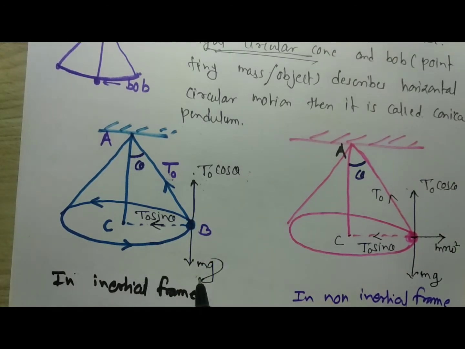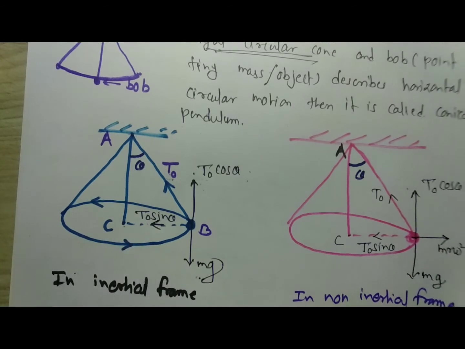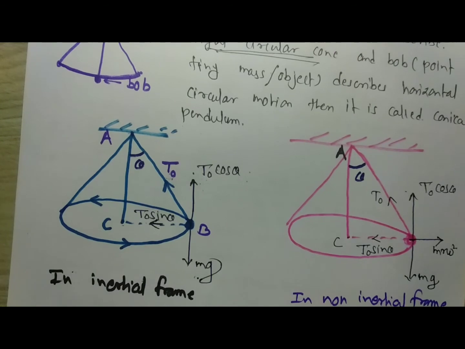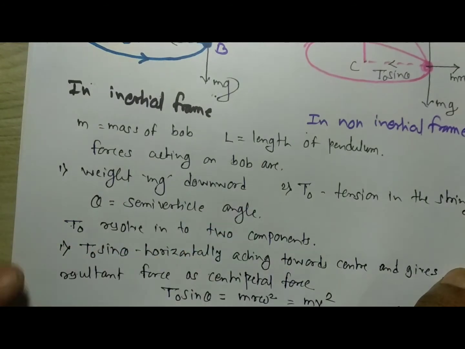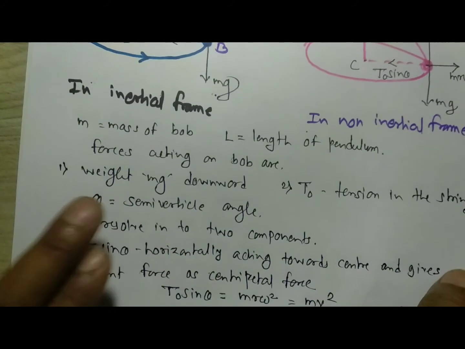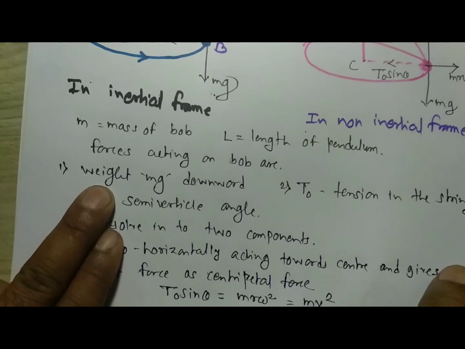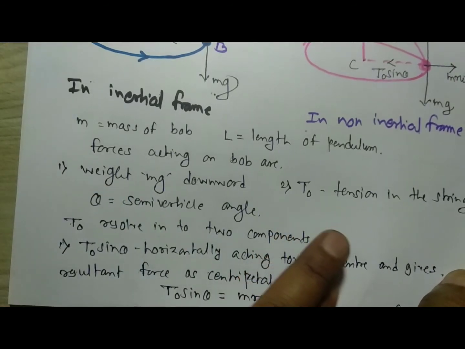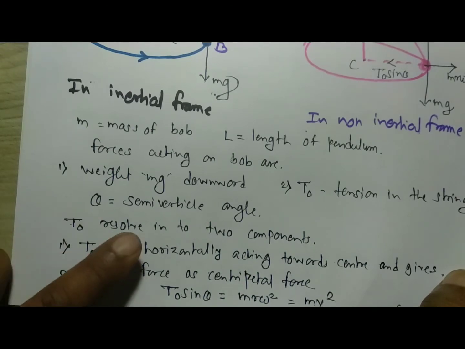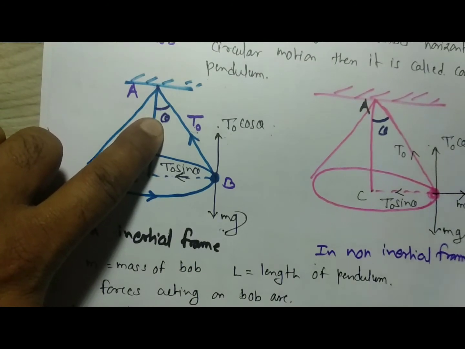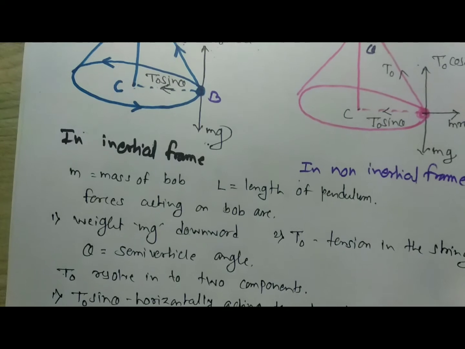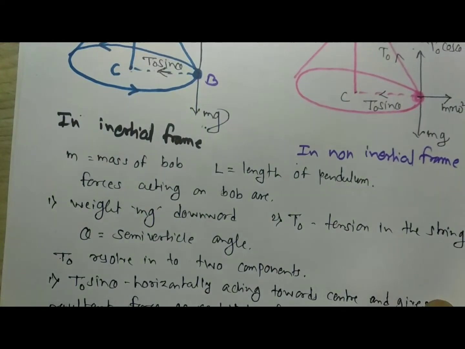T cos theta balances the weight of that bob, and T sin theta is acting toward the center, and balances the resultant centripetal force which is acting on that particular bob. m is the mass of the bob, L is the length of the pendulum, the forces acting on the bob are two: weight mg in the downward direction and tension in the string T0, and theta is a semi-vertical angle made by the string with the vertical. By using this, T0 is resolved into two components.